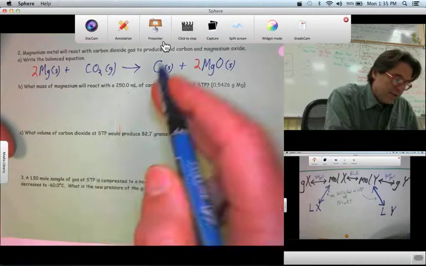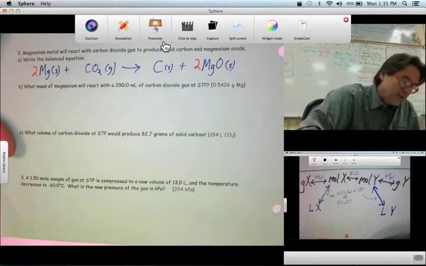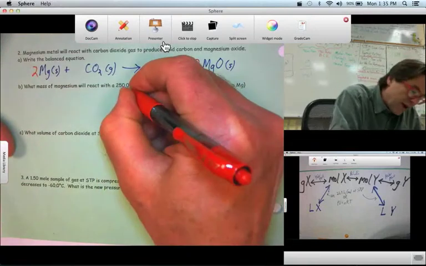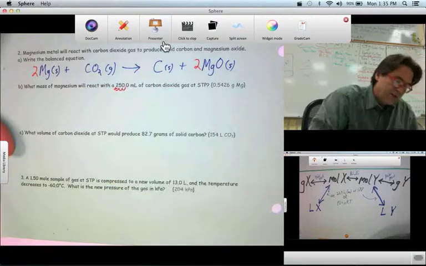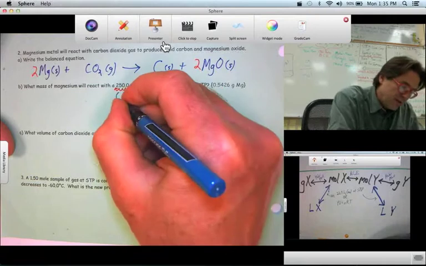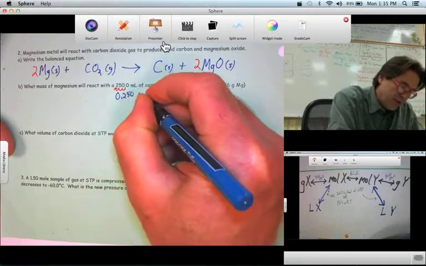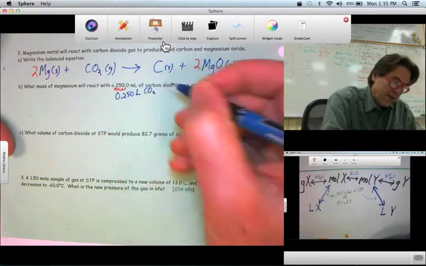Let's start by converting this 250 mils to liters by moving the decimal point 3 places. Each milliliter is 1,000th of a liter, so we have 0.250 liters of CO2, and that is our given.